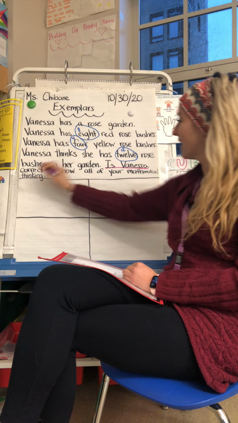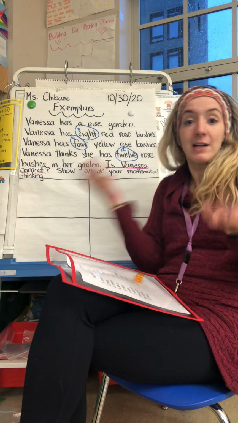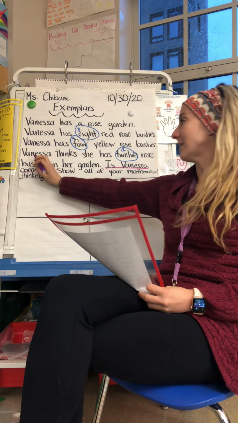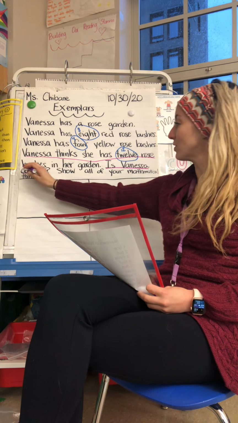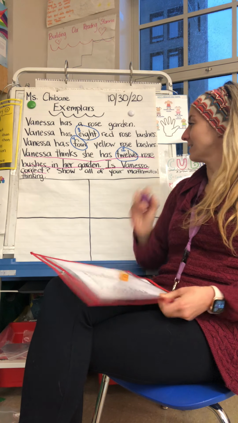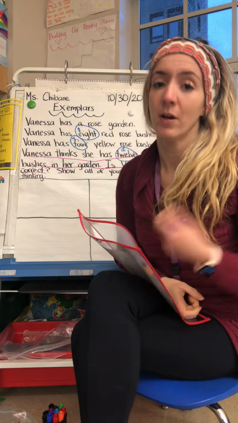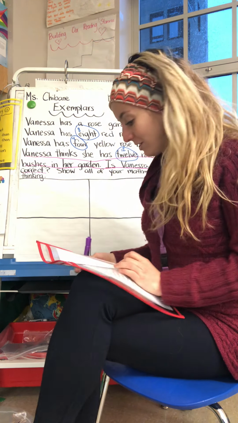Is Vanessa correct? But wait a minute. Correct about what? Well, I need this part. Vanessa thinks she has 12 rose bushes in her garden. So is Vanessa correct about having 12 rose bushes in her garden? That is my question, right?